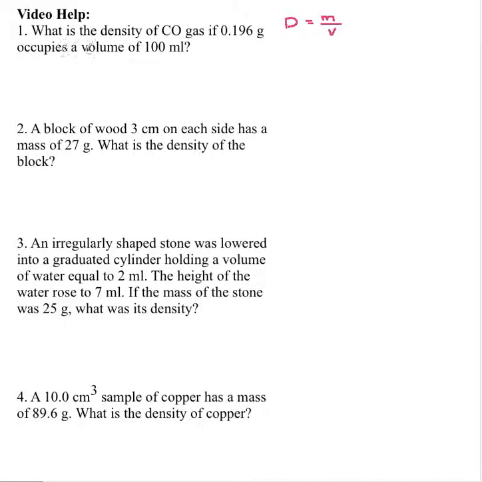So for this first problem, it says what is the density of CO gas. I'm dealing with grams, this is going to be my mass, and the 100 milliliters is my volume. And so I start out, density, which I'm trying to solve for, equals my mass, which is 0.196 grams divided by 100 mils.